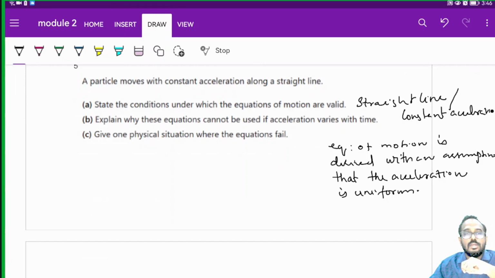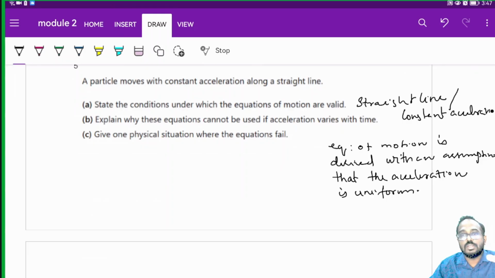Understood? Second, give one physical condition where the equation fails. Give one practical application where the equation can fail. The condition you take should be straight line motion and constant acceleration. If the acceleration is not constant, this will fail. If it is not a straight line, it will fail. So easiest example is what? Circular motion.